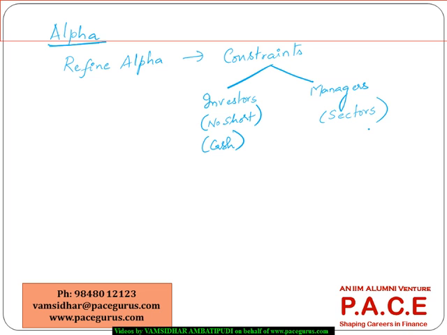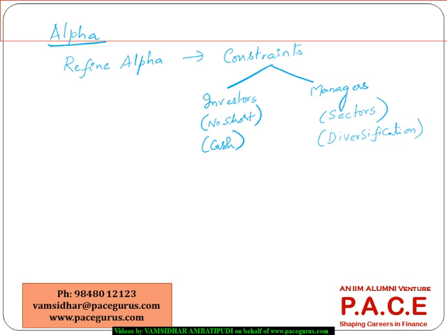In a particular sector, the investment cannot be more than this much percentage, or there could be some more constraint with respect to diversifying across high risk taking and low risk taking kind of sectors.